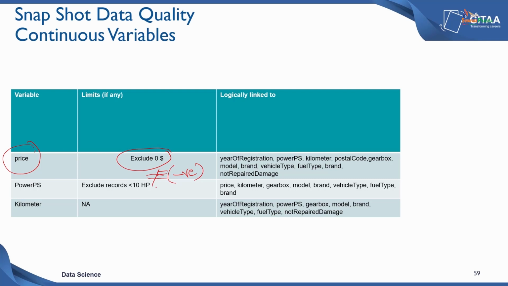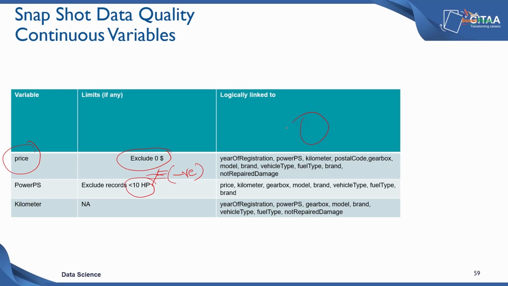We knew that none of the cars manufactured had less than 10 HP. So if you had 10 HP as the power PS, these are records that you want to do something with. The kilometer could have been 0, but the kilometer couldn't have been, let's say, 30 million. So it's impossible. This column is really related to understanding whether there are logical linkages between data. For example, we had certain brands of cars, and there are certain types.